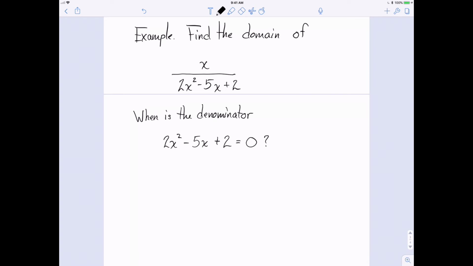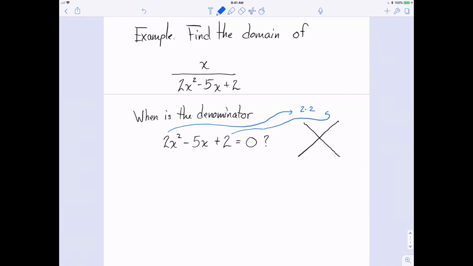But wait a minute. We've just finished solving that kind of a problem. And if you recall, what we did is we first played the game. In the top position, we took the first number, the 2, times the number without any x's. So we went 2 times 2.